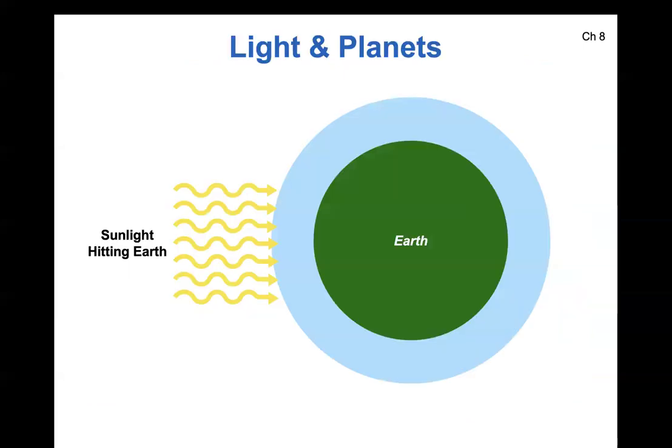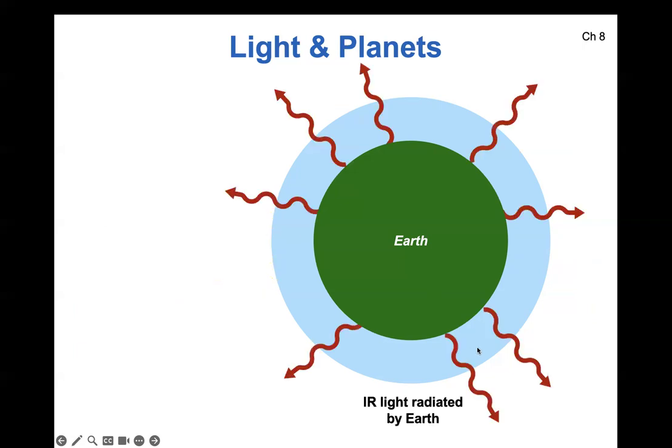So here we go. Earth's energy budget. This is just elaborating on that balance idea. So we have sunlight hitting the Earth. The atmosphere is shown as this blue ring, not at all to scale. As I mentioned, the atmosphere is only about 100 kilometers thick. The radius of the Earth is approximately 6,000. So, right, it's tiny.